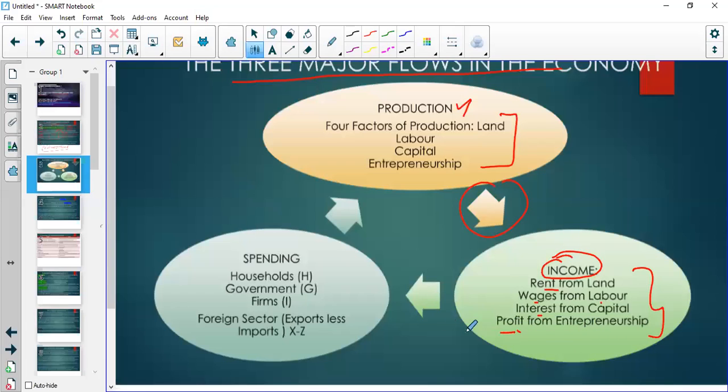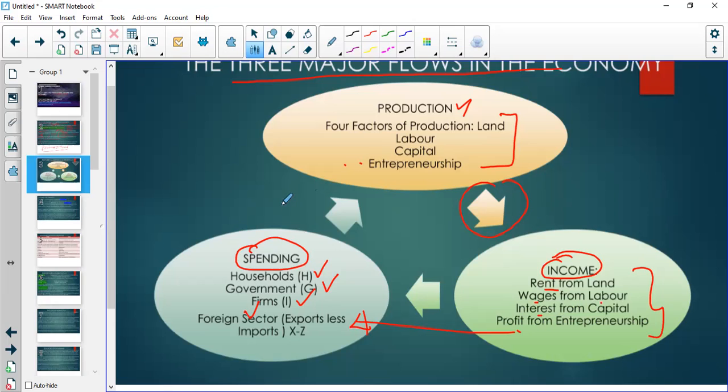All that income is used to spend on goods and services. That income could be spent by households, by government, by firms, and also by the foreign sector. So this is all spending, but we're also going to spend on those goods and services that we have produced. These are the 3 major flows in the economy.